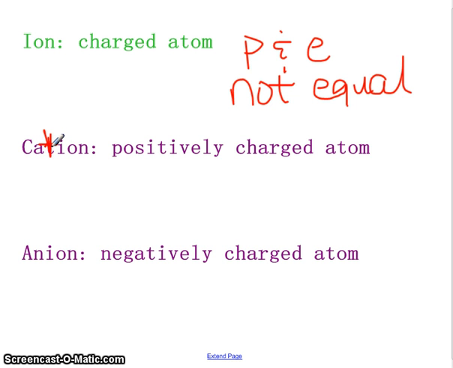So cations are positively charged, and atoms become positively charged when they lose electrons. Anions are negatively charged atoms. And if you look at the A, the inner part there could look like a minus sign. So if cations become positive by losing electrons, anions become negative by gaining electrons.